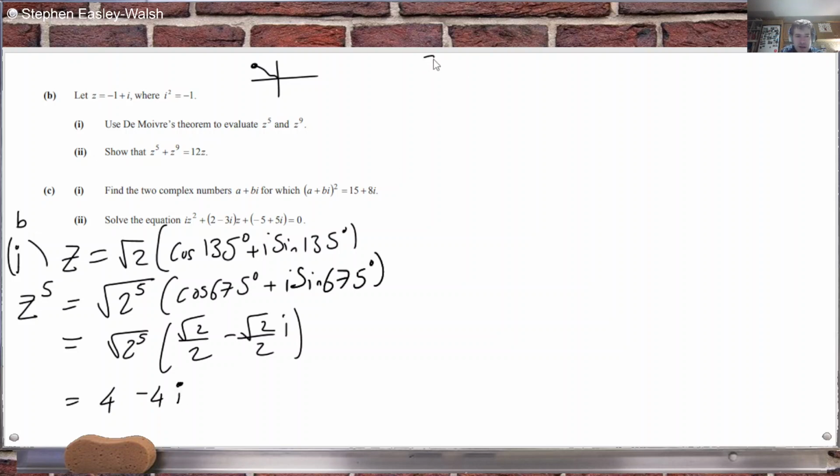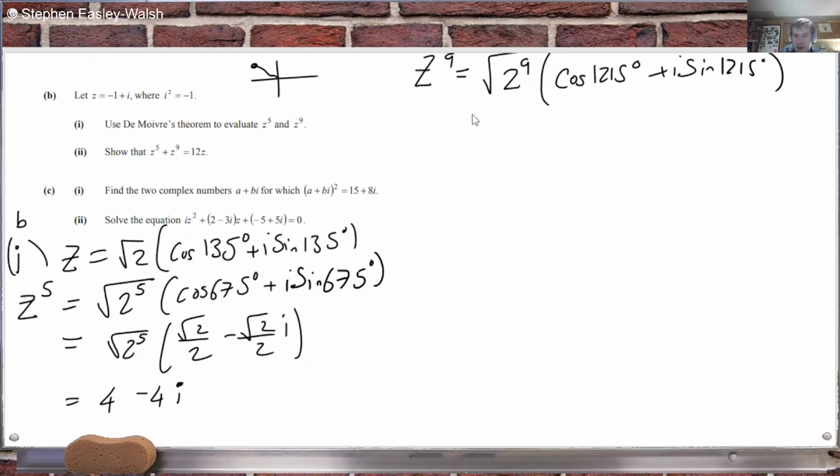And then likewise, z^9 would be root 2 power 9. And then this would be 135 times 9. So that's cos 1215 degrees plus i sine 1215 degrees.